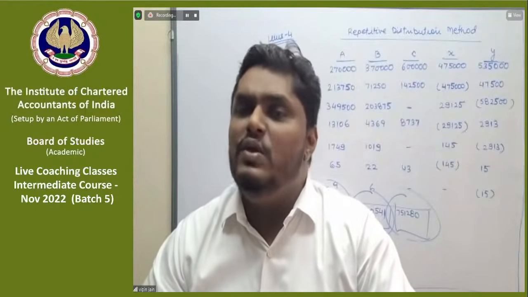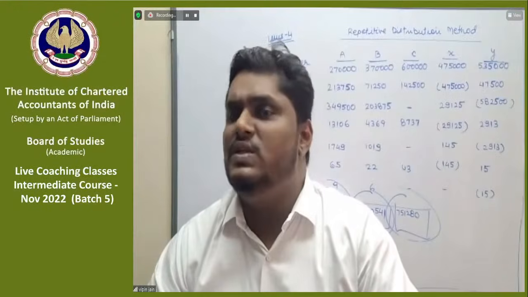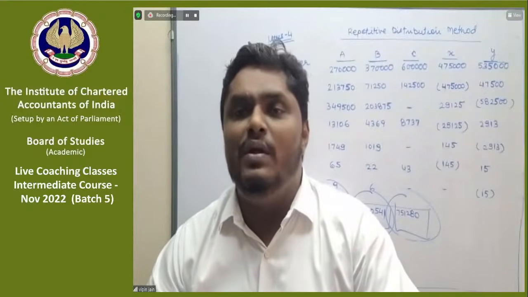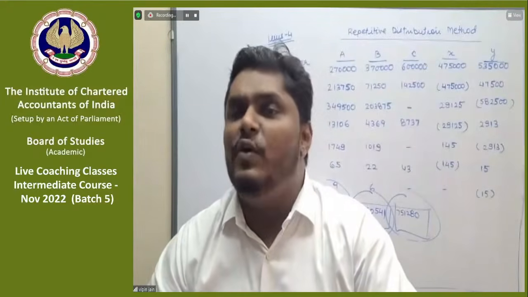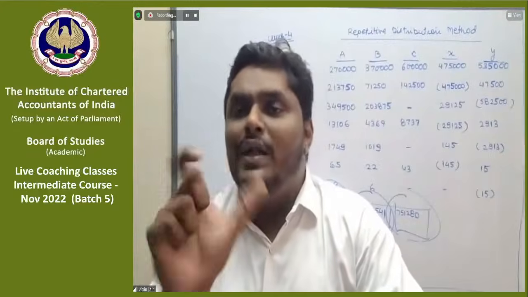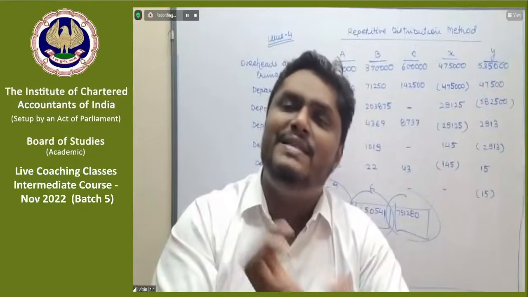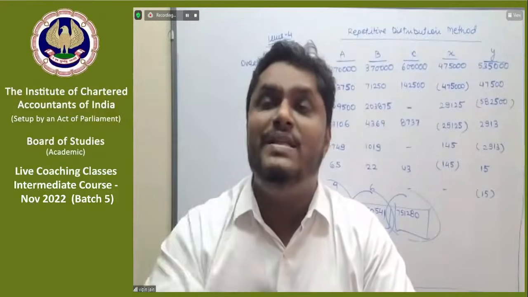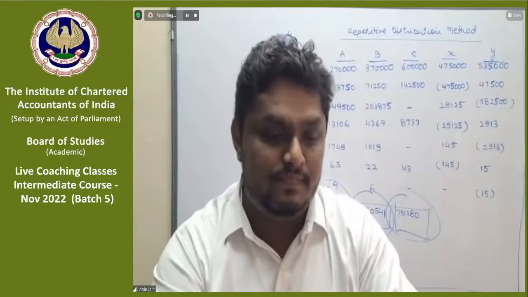Trial and error method, you can refer to the study material. This method is very easy. Since the time is running, we have to cover many more, so you can refer to the study material for the trial and error method. But mind it, guys, very important: whatever method you use, whether simultaneous equation method or repetitive distribution method, the answer will be the same in all the cases.